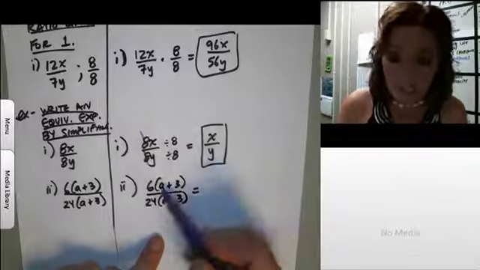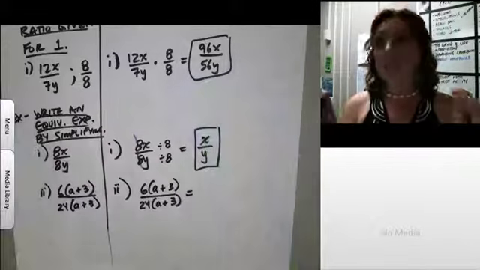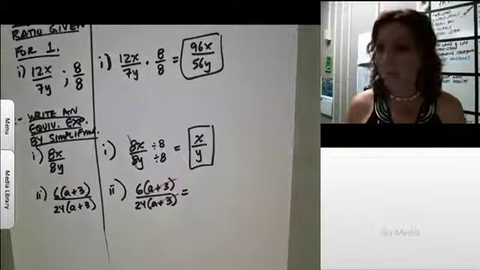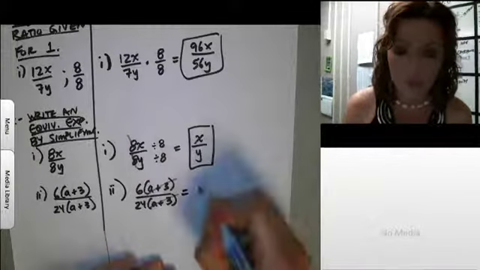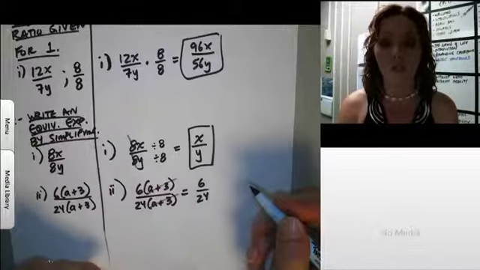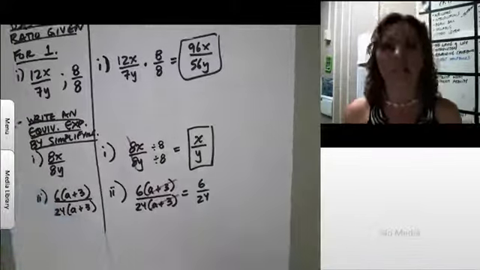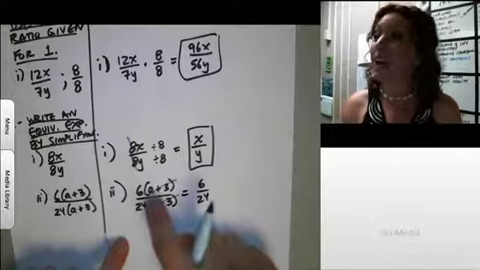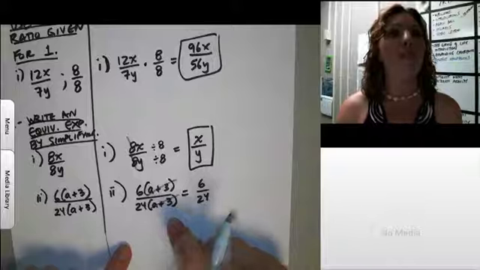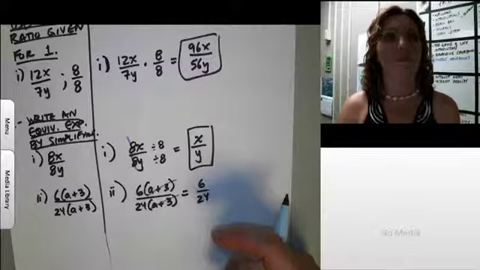So this is an example of, because it's the exact same thing in the parentheses, we can cancel those out. Okay, and we're left with 6 over 24. Now, some of you might be sitting there going, but wait, you just said if there's adding, you can't do that. You can do it if it's the exact same thing that's being added. If it was a plus 3 on the top and a minus 3 on the bottom, you couldn't. But it's the exact same thing. Zarius.